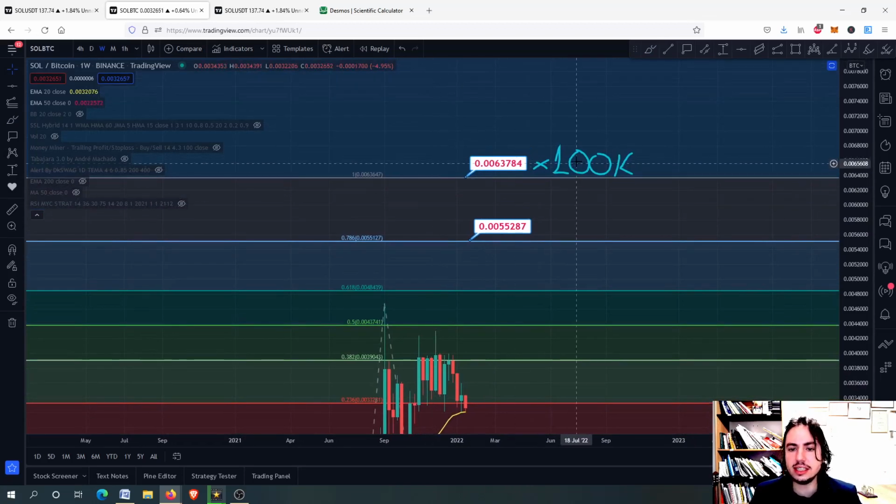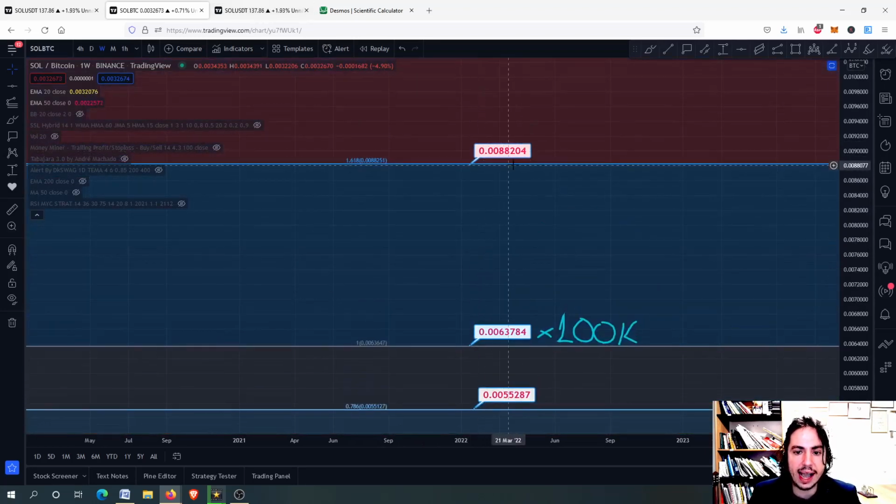If you multiply this price level with Bitcoin's current price, you will get this one. Let's say that Bitcoin was 100k by the time we reach this target right here, then Solana would be on the 637 USD. We can either go to the 0.00208, okay, 88,204, and we could get like an 800 USD Solana and so on.